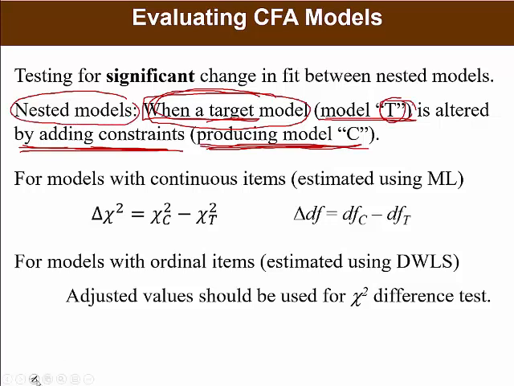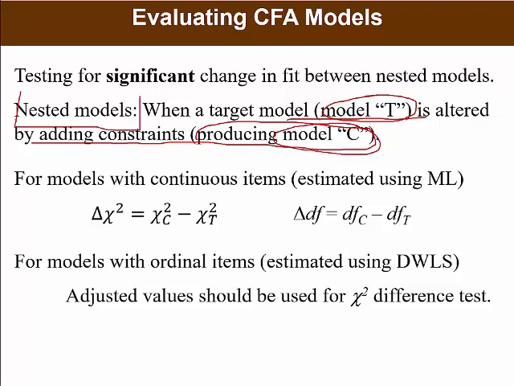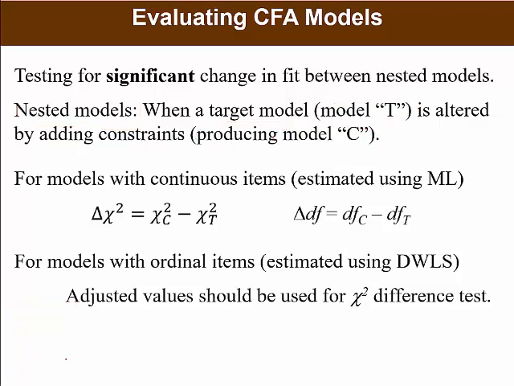Nested models are a situation where I start off with a target model, and I create an alternate model simply by adding constraints to my target model, and then I have what we would call two nested models. Model T is my originally hypothesized model, and model C is the one that I created by adding constraints, and they would be nested. And when I have two nested models, there's a very simple chi-square test you can do to test for a significant difference between those two models.